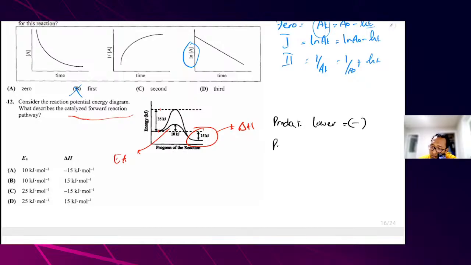And if the product is higher, it should be positive. So it should be A. We just got the sign wrong, because the product is lower than the reactant, so it should be minus.